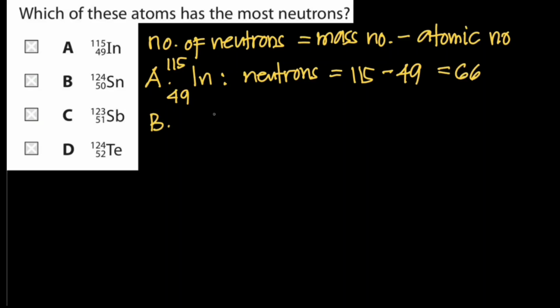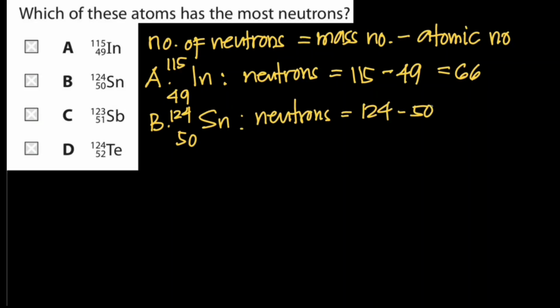For letter B, we have tin with atomic number 50 and mass number 124. So the number of neutrons is equal to 124 minus 50. This is equal to 74.